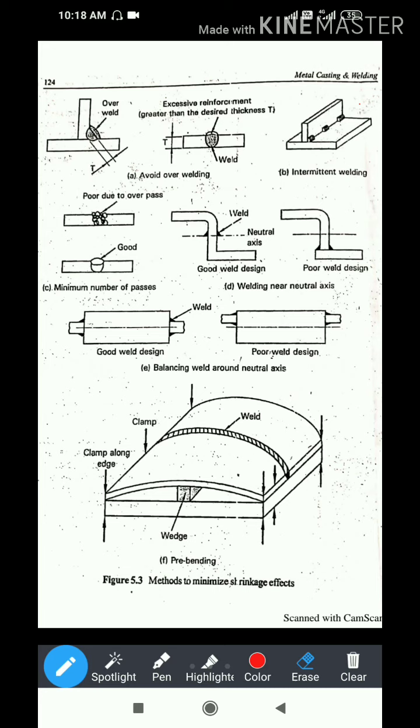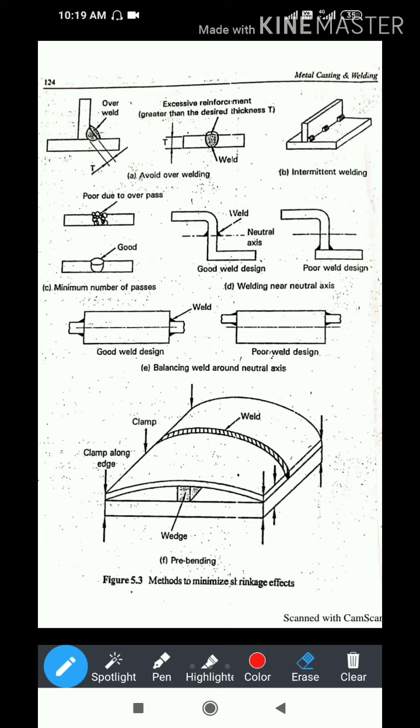Now the minimum number of passes you can see over here, same way as overwelding. Once the electrode holder with an electrode is placed on the workpiece, it should go in a single pass.